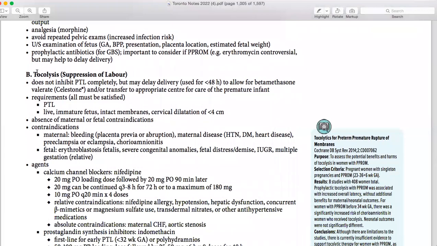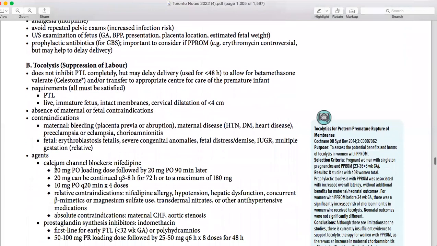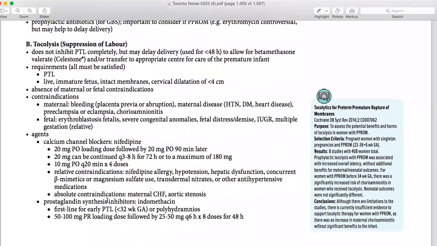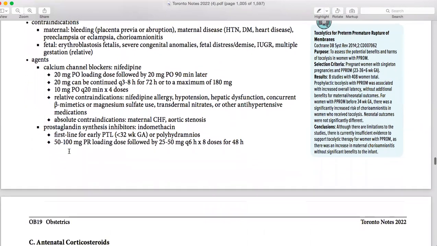Then you need to know the tocolysis agents: calcium channel blocker, which is nifedipine, and prostaglandin inhibitors. Let's suppose both are mentioned in one MCQ. What am I going to choose? I will choose the prostaglandin inhibitor, because it is easy and has fewer side effects than nifedipine. Why not nifedipine? Because nifedipine has an effect on the heart, so there are a lot of contraindications compared to the prostaglandin inhibitor.